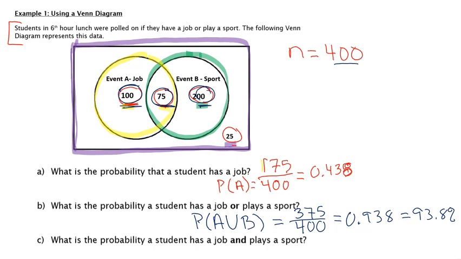If I wanted to turn it into a percent, you just multiply by 100. Part C asks, what is the probability that a student has a job and plays a sport? This is like writing the intersection.